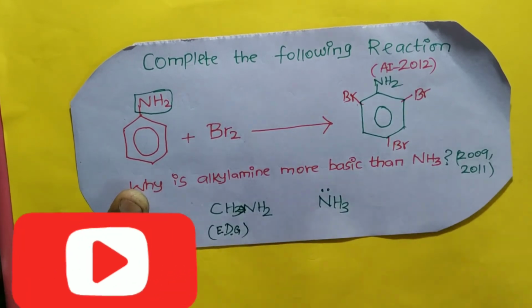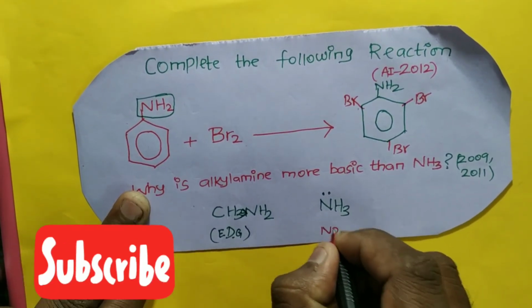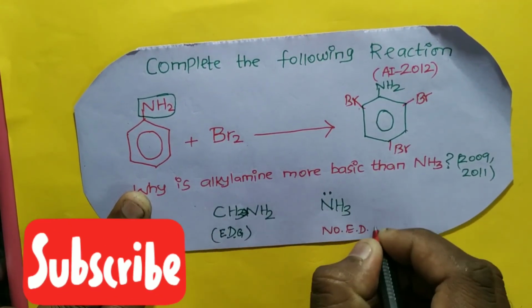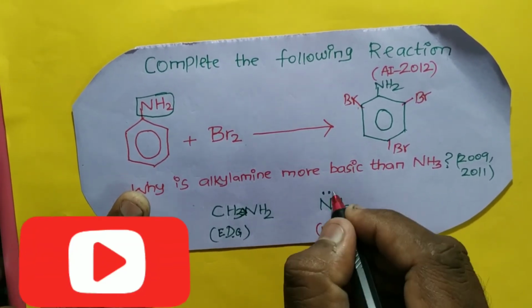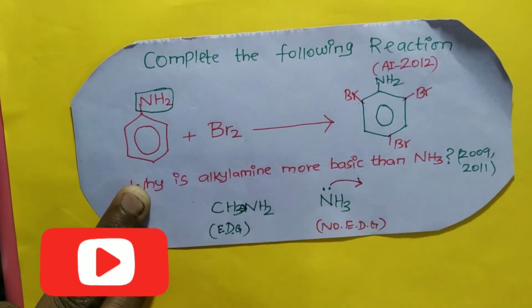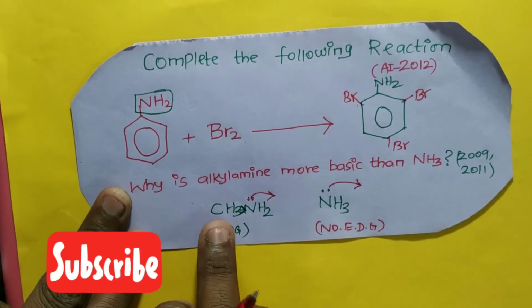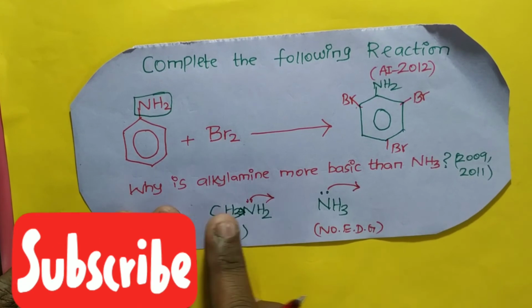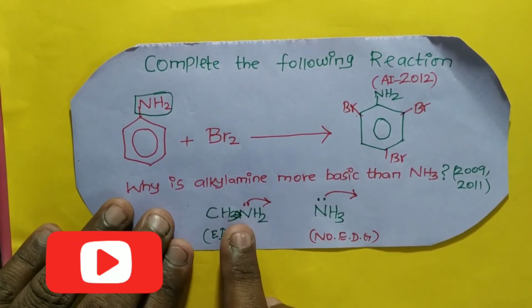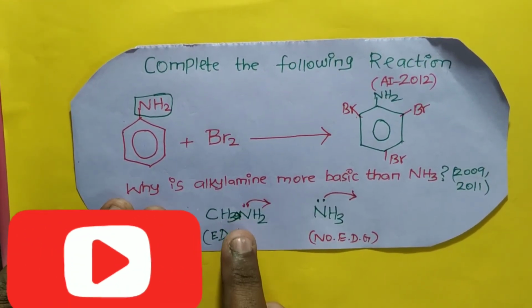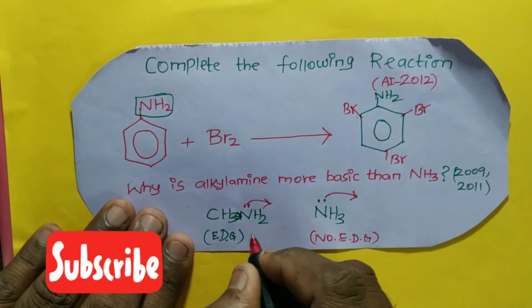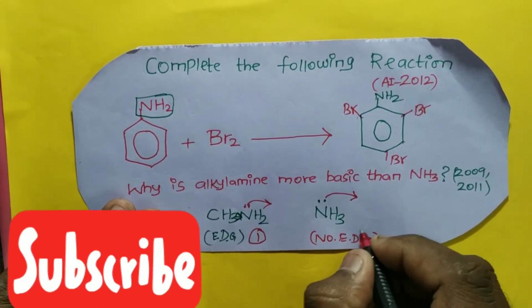The methyl group is electron donating, but here there is no electron donating group. So ammonia will be less basic, because here the maintenance of electrons can be done by the methyl group. The methyl group will give the electron and it maintains the electron cloud on nitrogen in NH2. That is why it will be more basic when compared to ammonia.